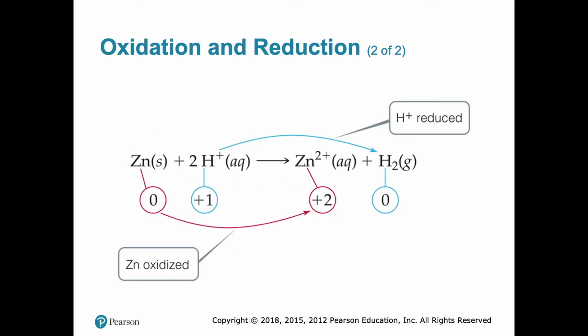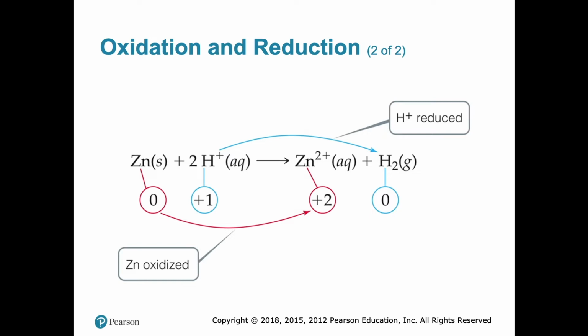So, like I was saying before, we're sticking with this as our example in our redox reaction, our oxidation reduction reaction. We begin here with zinc solid, and zinc solid here is introduced to protons from the hydrochloric acid. Zinc has an oxidation number of 0. Individually, each proton has an oxidation number of 1. Then the zinc loses 2 electrons and becomes zinc 2 plus, and the hydrogens gain the electrons and become hydrogen gas.